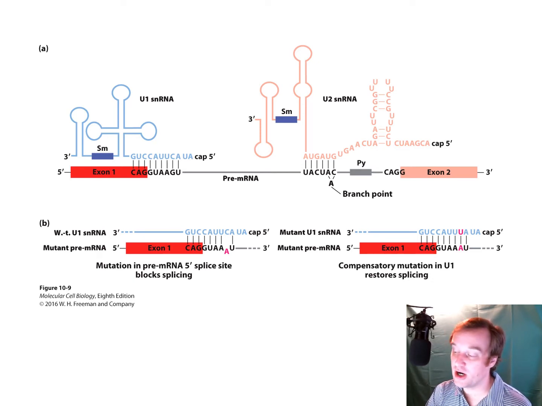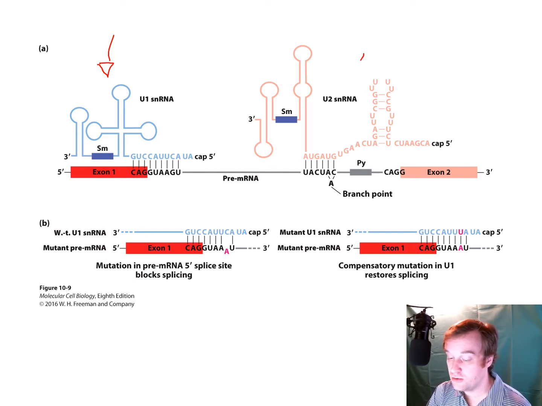And they're about 100 to 200 nucleotides long. What they do is they bind to some of these recognition sites within the mRNA. So U1 up here, it base pairs across that 5' splice site, the intron-exon junction there.